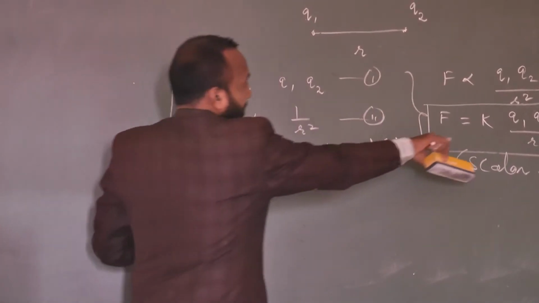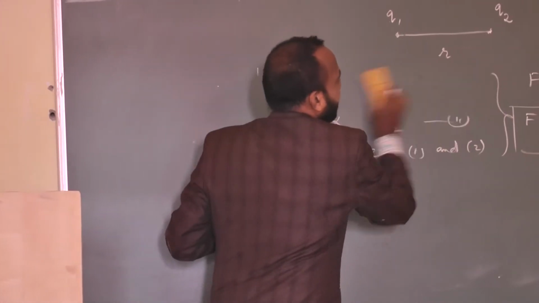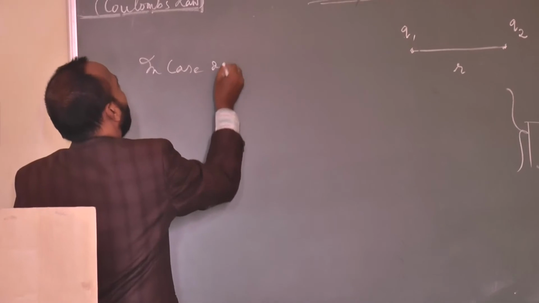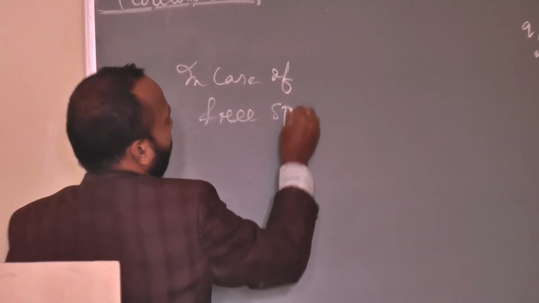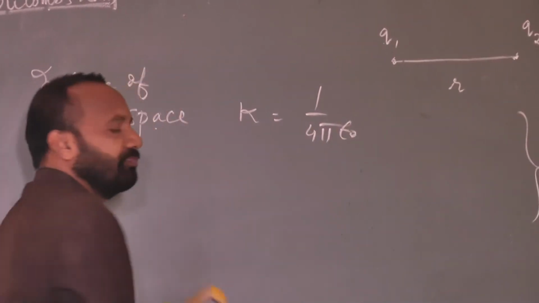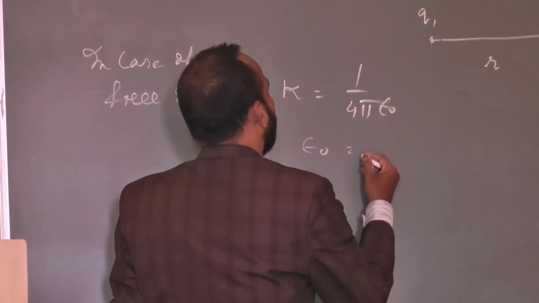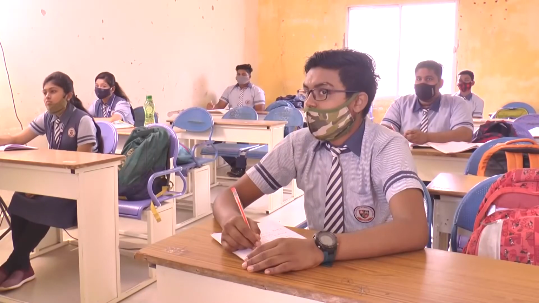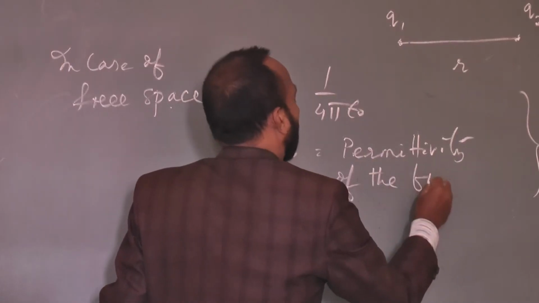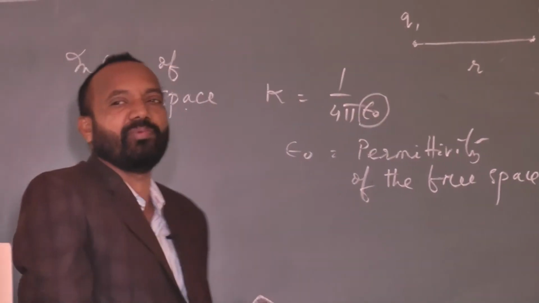Now, let me tell you about this constant of proportionality, the force constant. In the case of free space, K is equal to 1 by 4 pi epsilon naught, where epsilon naught is the permittivity of free space.